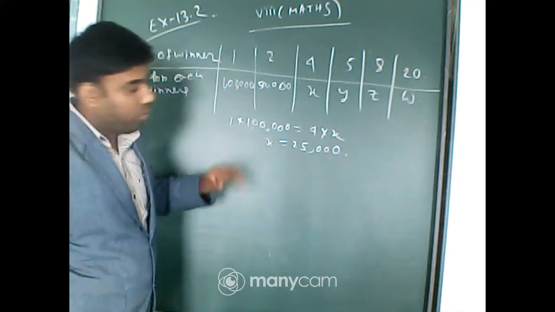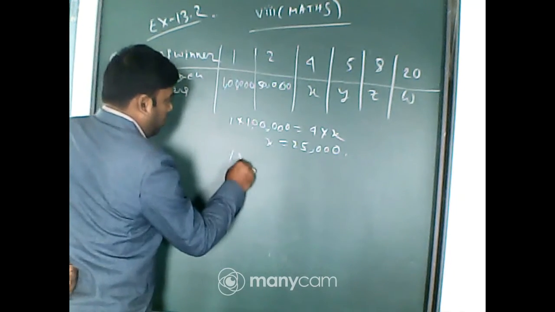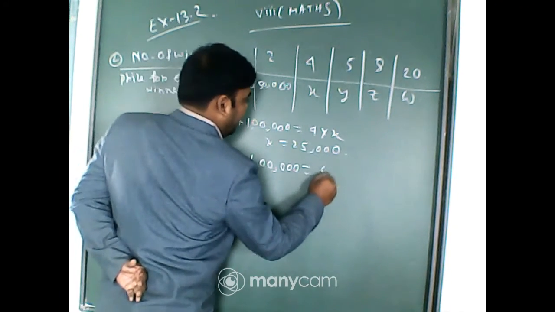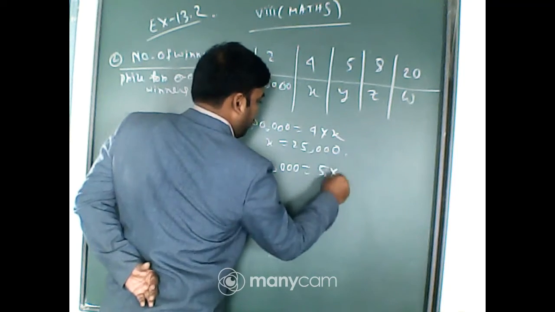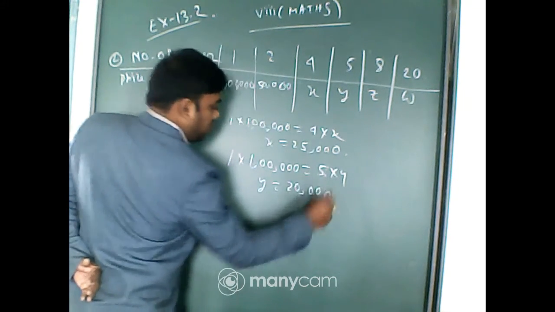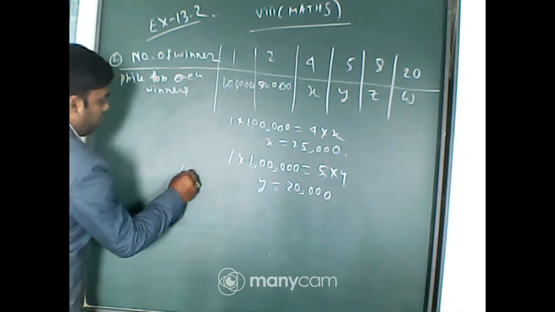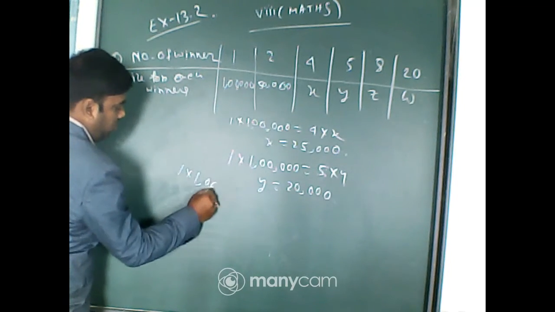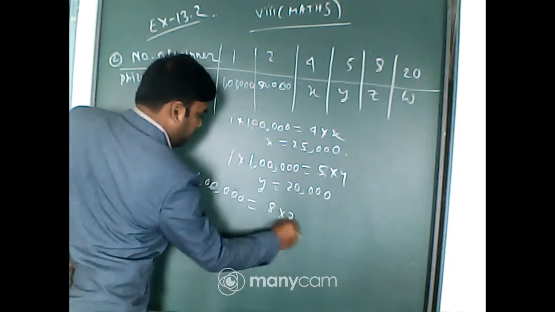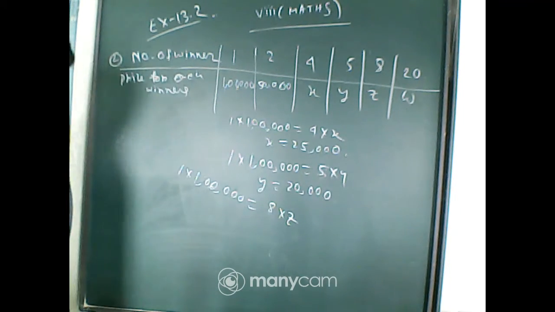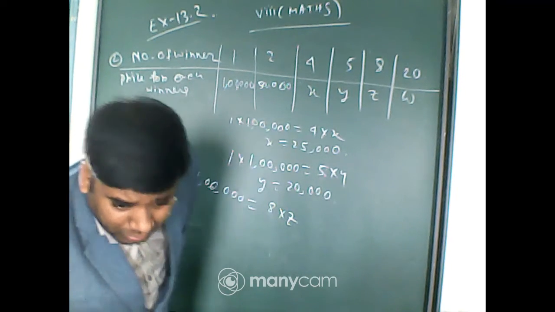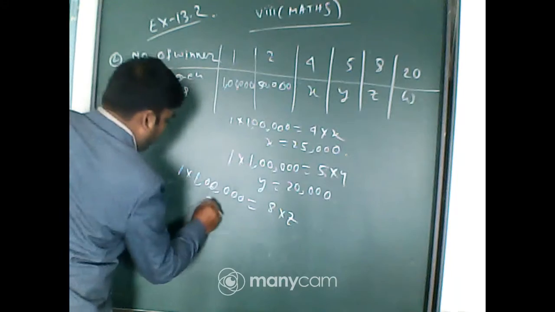Just apply that formula. 1 lakh equal to 5 into y. So y will be 20,000. Then 1 lakh equal to 8 into z. How many? Okay, 12,500. Very good.